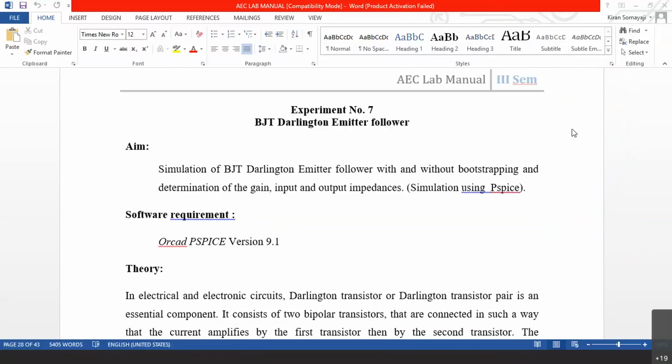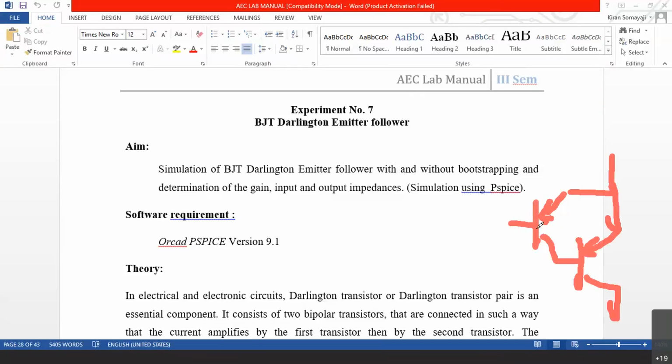Even in the case of PNP, the configuration is slightly different from the NPN configuration. In the case of PNP, it is like this, as PNP is completely complementary to NPN.